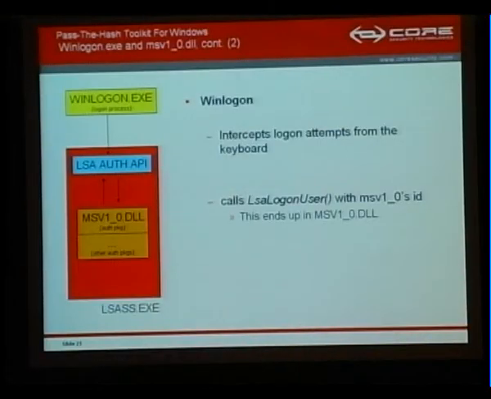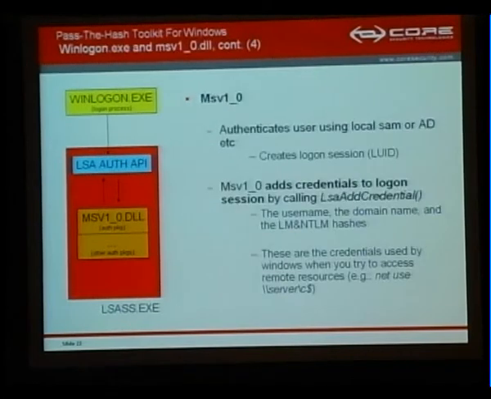So basically what happens is that when you are presented, for example, with the dialog box for Windows to enter your username and password, winlogon takes that password, it then calls the LsaLogonUser API that ends up calling some code inside the MSV1_0 DLL that will take care of doing the actual NTLM authentication against the remote server.